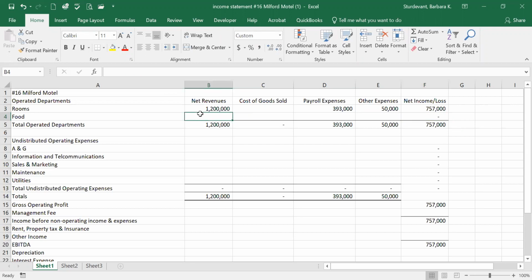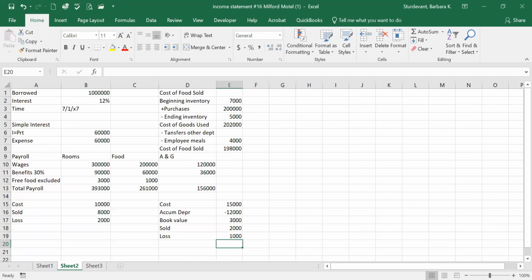Everybody okay with rooms? Let's go to food. What's our sales for food? Food sales was 450,000. Okay, so our cost of goods sold, we're gonna go back here.